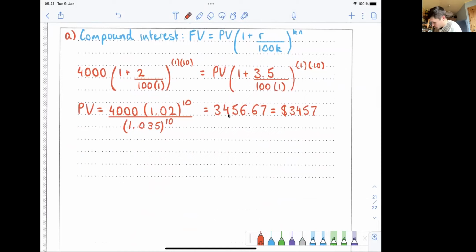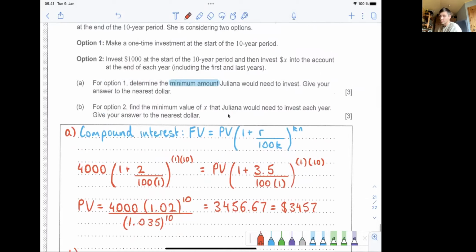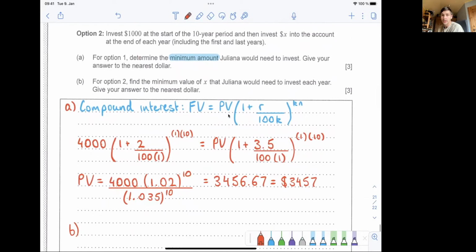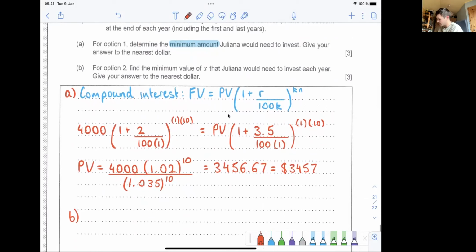Now, in order to calculate this, you're going to need to know how to use the finance solver on your calculator, on your GDC. Okay, so same again, every calculator will be slightly different, although the process and the fields in which we need to put our values will be similar.